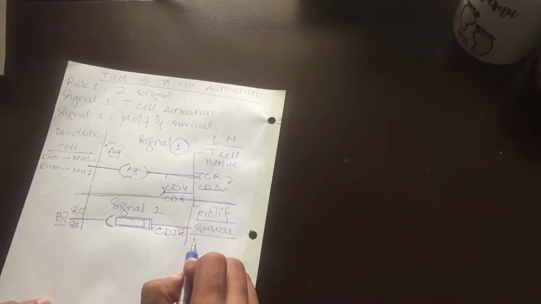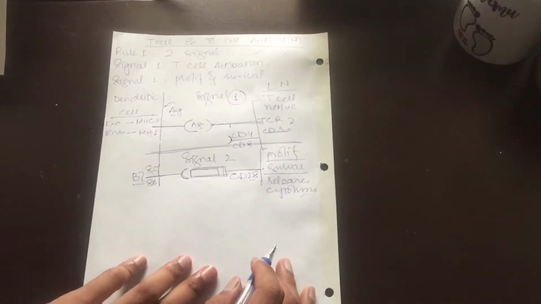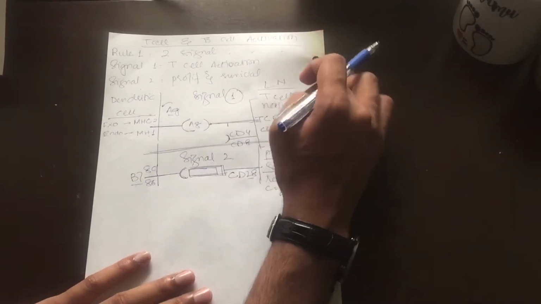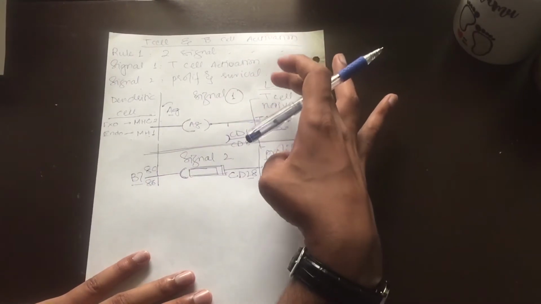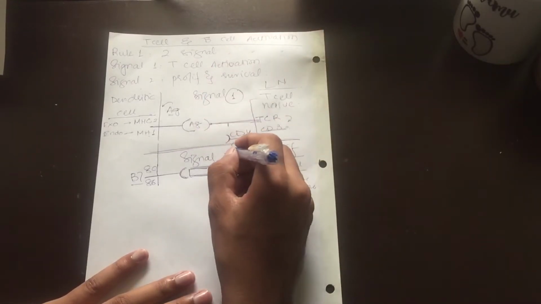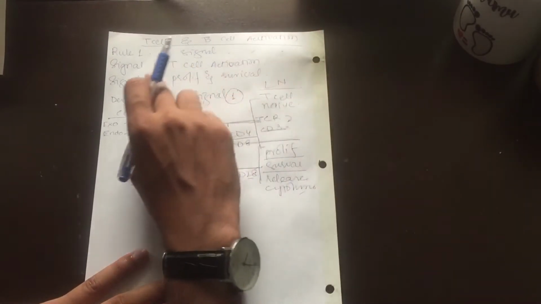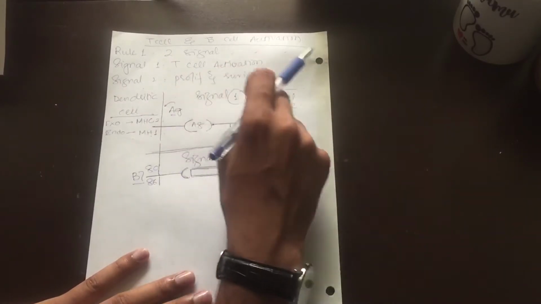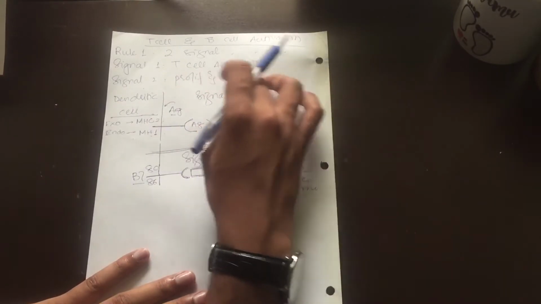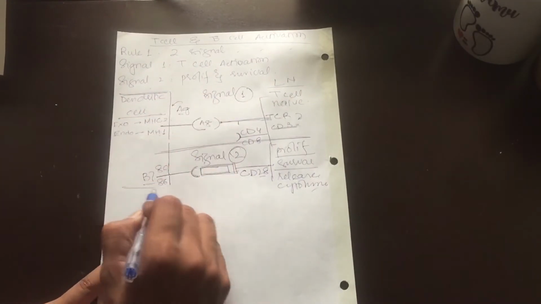The interaction of B7 and CD28 causes proliferation, survival, activation, and release of cytokines. So T cell activation proceeds through these two signaling pathways. The first is activation of the T cell, and the second is proliferation and survival. So this is how a dendritic cell activates a T cell.